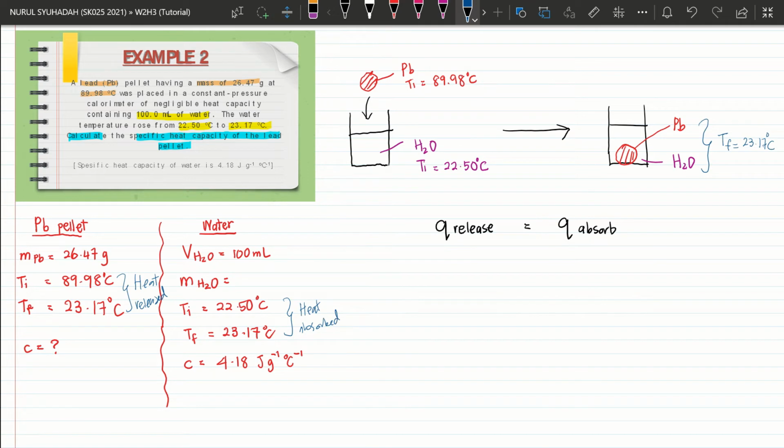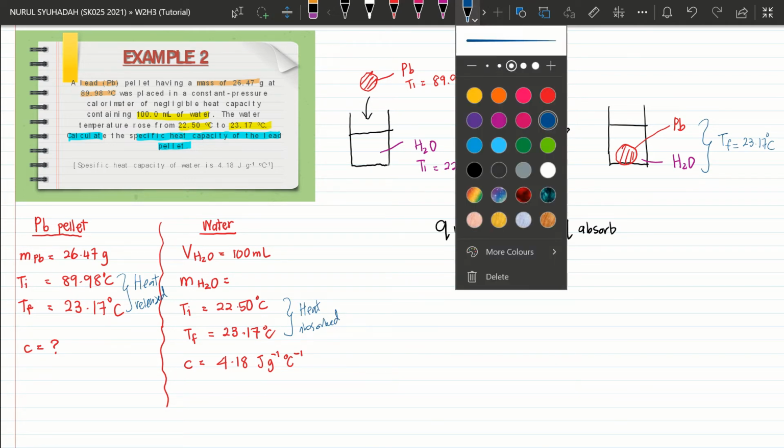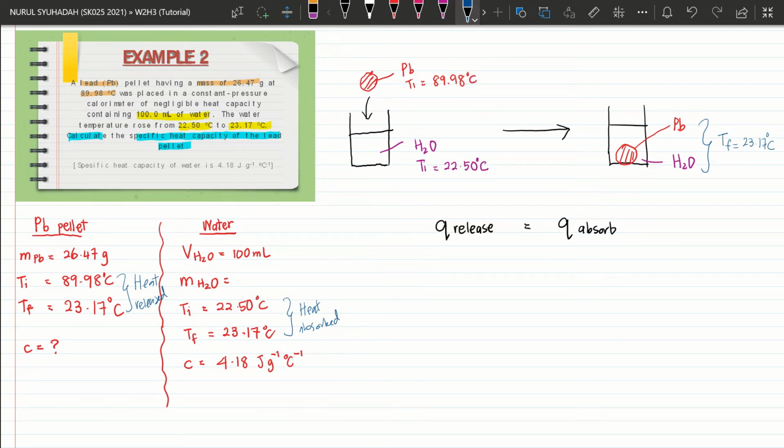Like I said before, we will find the value of delta T outside. The value of delta T will always be the bigger value minus the smaller value. So 89.98 minus 23.17.